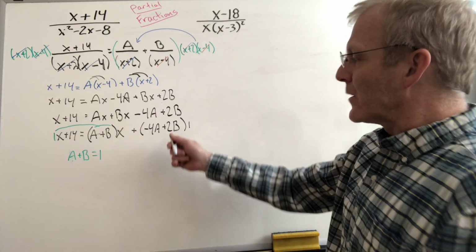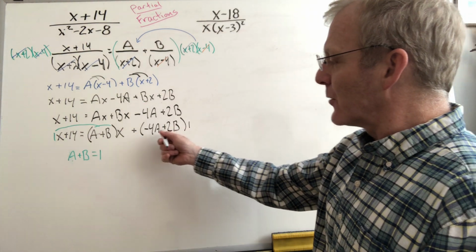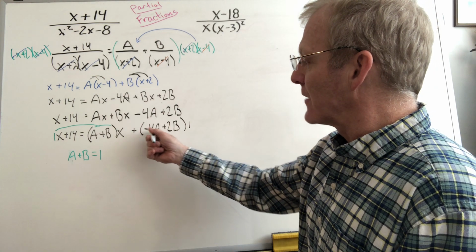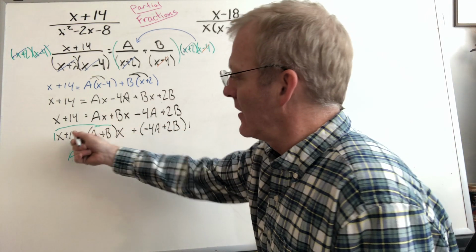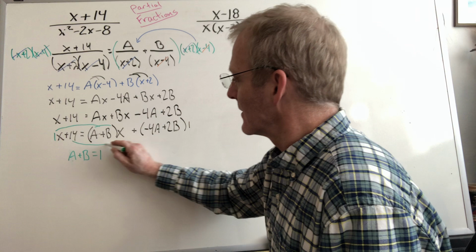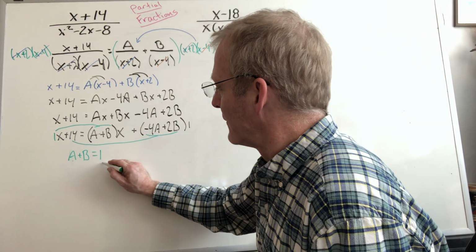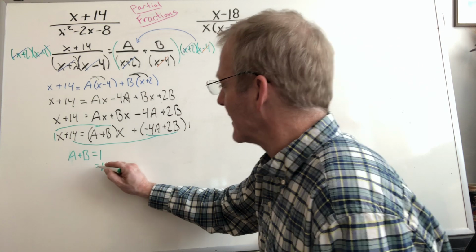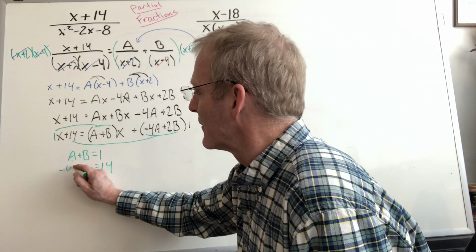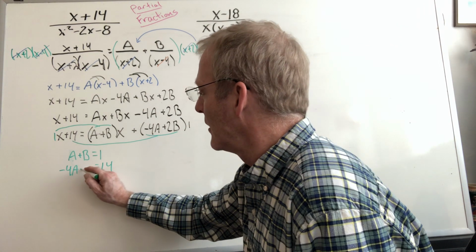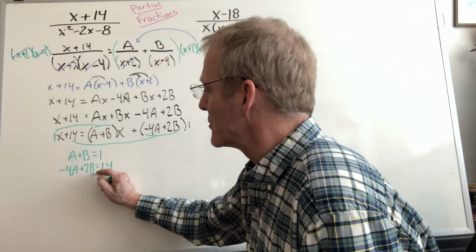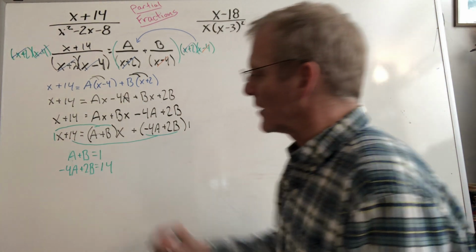Okay? Well, now let's look at this. Here we've got the negative 4a plus 2b equals the 14. So let's write that. 14 equals negative 4a plus 2b.